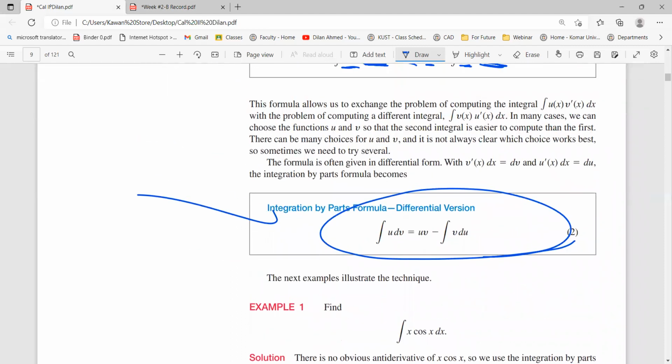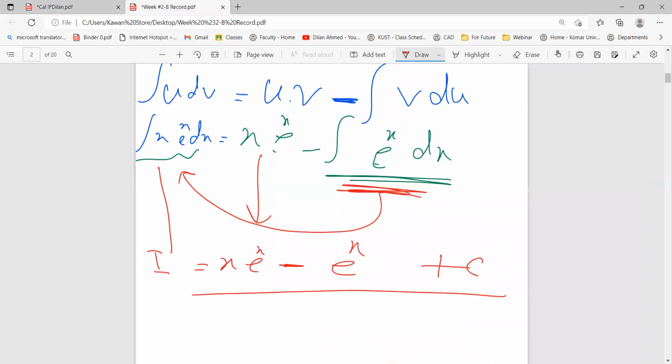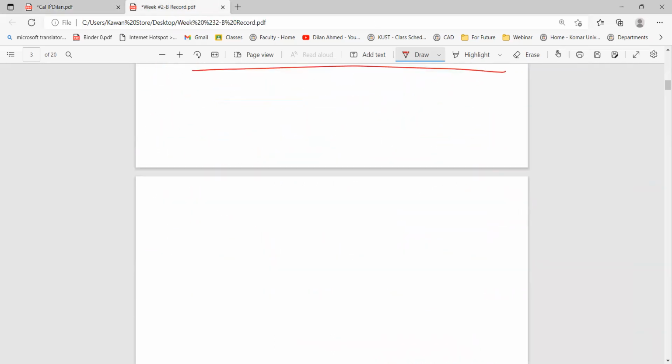I'm going to solve x cosine of x. And we have a note.